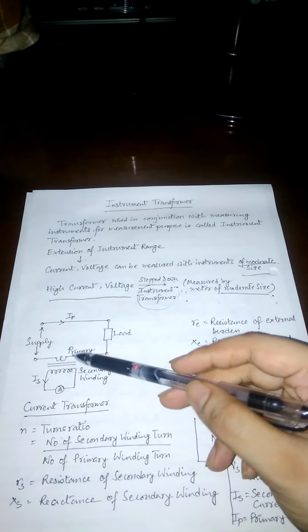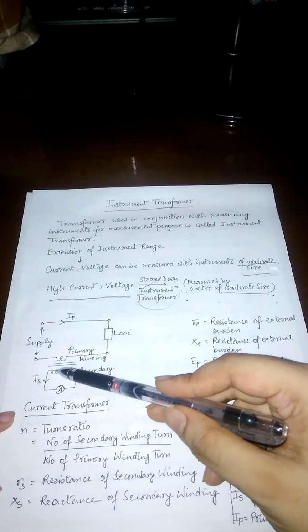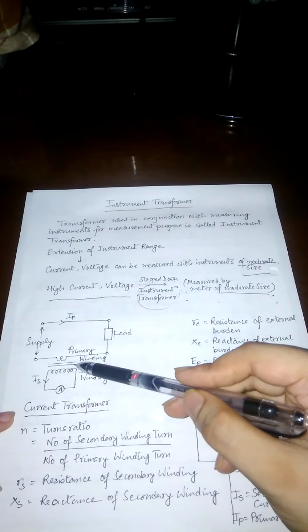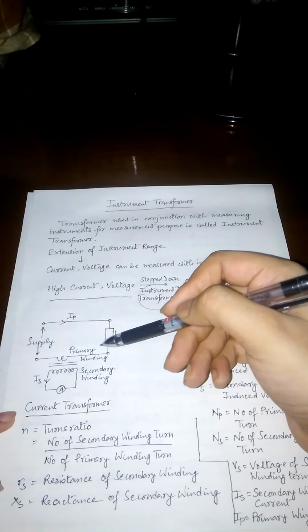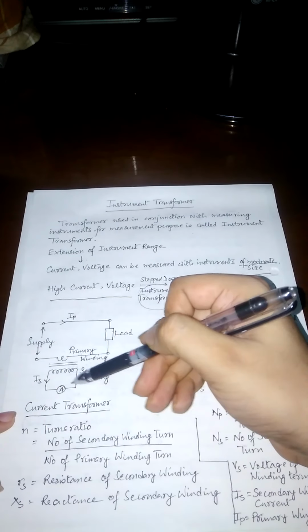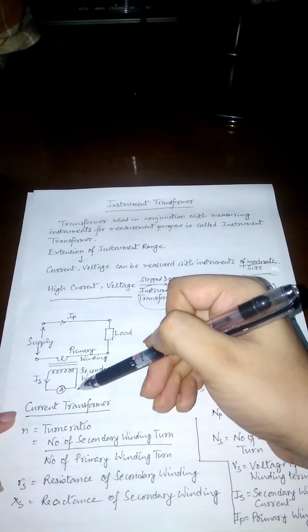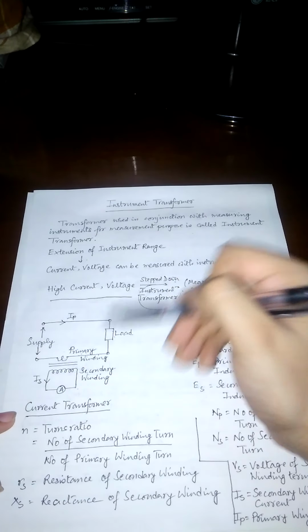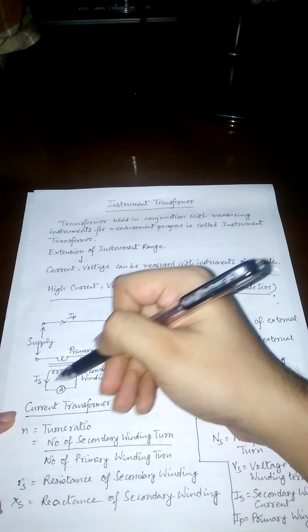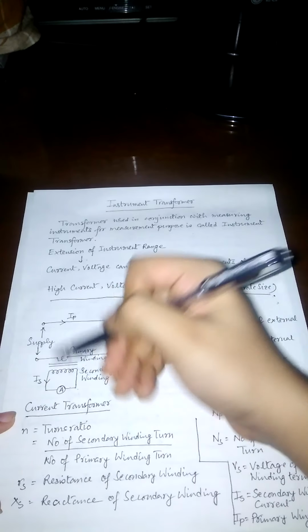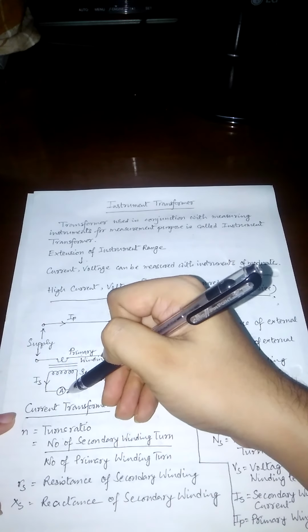Now in the secondary winding there is a greater number of turns, and this number of turns in the secondary winding is dependent on the turns ratio, and then the ammeter is connected here. That means the secondary winding of this instrument transformer is short circuited, or nearly short circuited, with the ammeter.